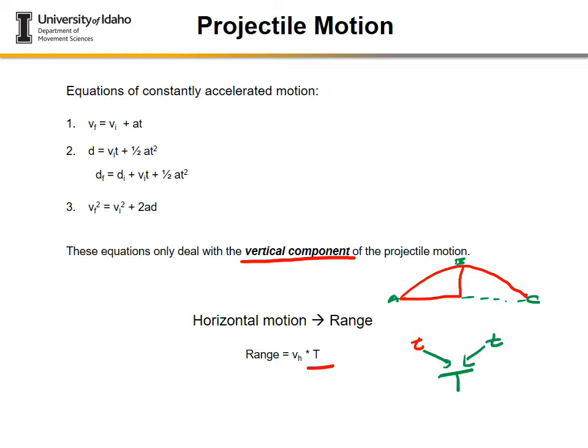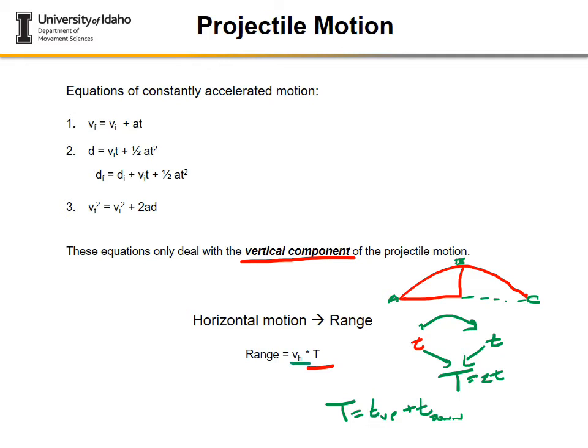If the parabola takes off and lands at the same height in the vertical, then the two t's should be the same, so the big T would be 2t. But very rarely does that happen, and sometimes one of the t's will be greater. So the big T equals the sum of t up plus t down. An easy way to do this is to calculate time up, calculate time down, add them together, and that's your total time.